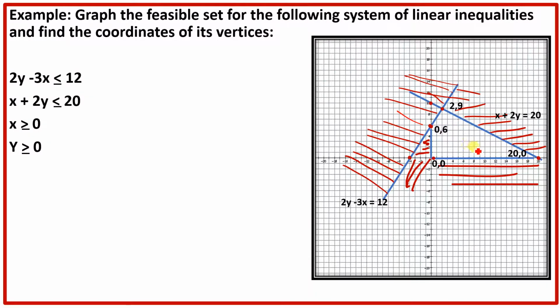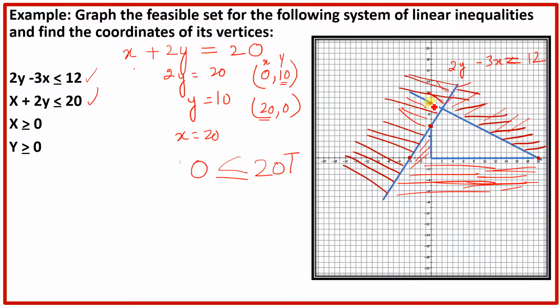Now we have to find out the feasible set. So this is the feasible area, this one, the feasible set, and we have to find the coordinates of the vertices. So see here, this point is clear, this is clear, this is clear, but where they intersect each other, see here, this is the feasible region, right?